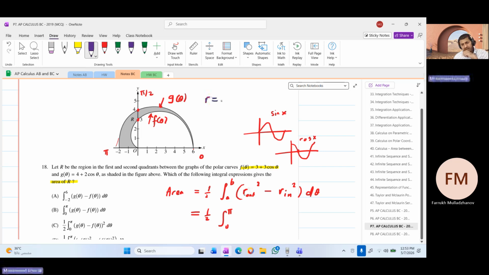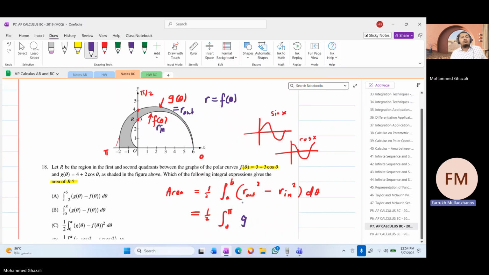Remember, R is a function of theta. It's polar coordinates. So f theta is R inner, and g theta is R outer.